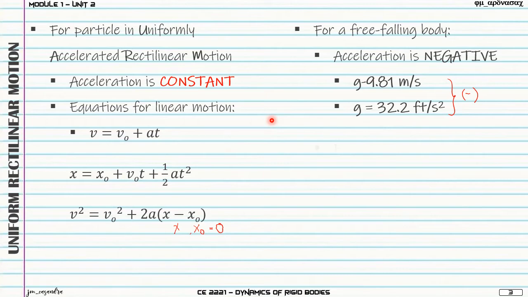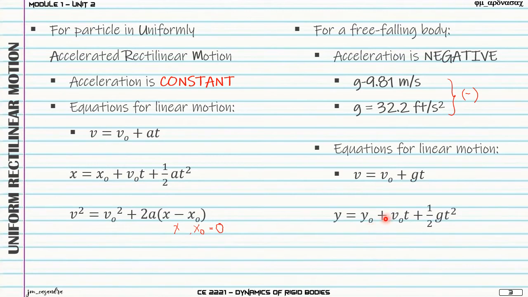So for equations of a free falling body, we have v is equal to v sub o plus gt, then y is equal to y sub o plus v sub o t plus 1/2 gt squared, and lastly v squared is equal to v sub o squared plus 2g times y minus y sub o.